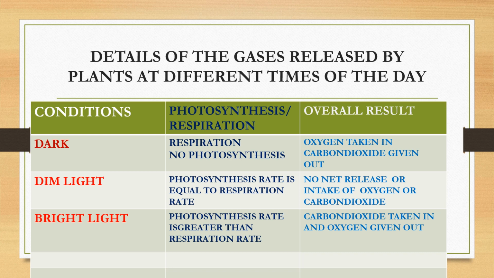Okay, so these are the details of the gases released by plants at different times of the day. And here the stomata play an important role in respiration as well as transpiration.